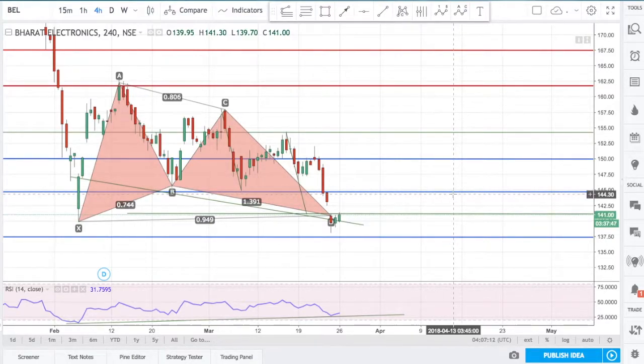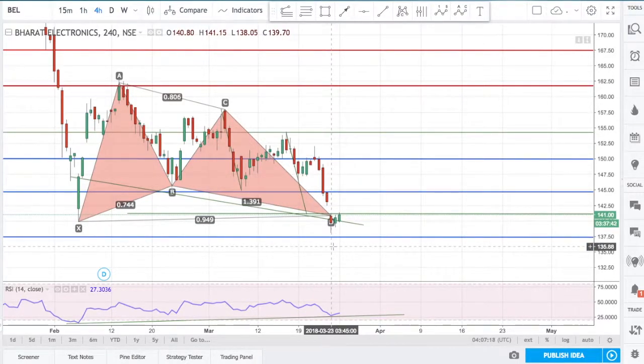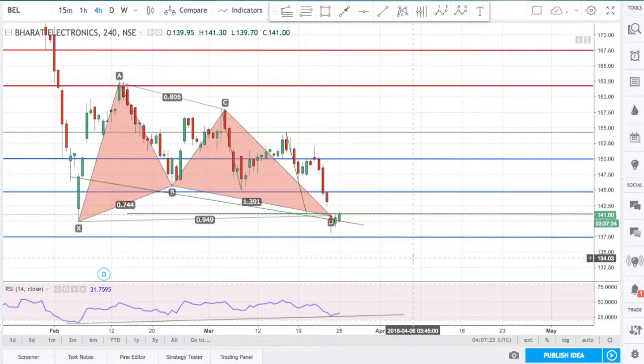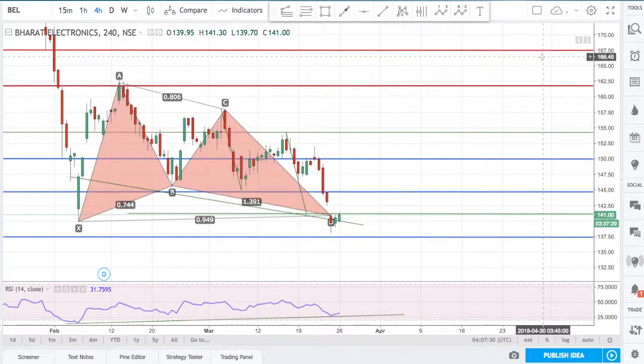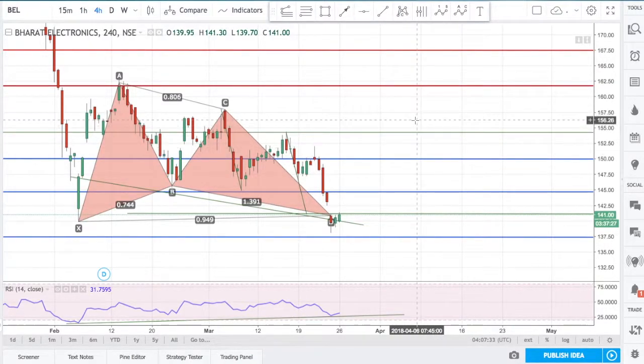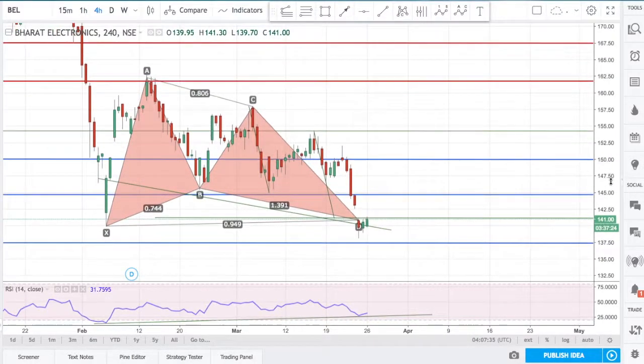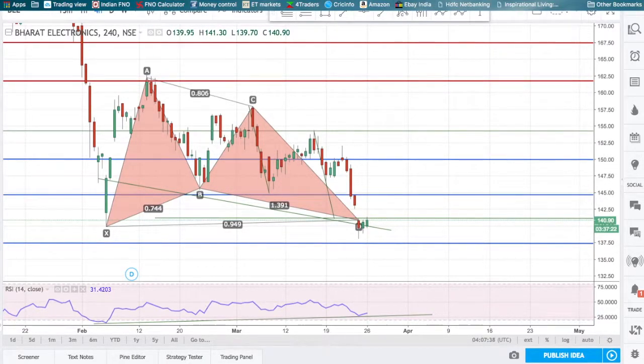That can't be regarded as a very good reference because it didn't pierce through, but still it almost tested the support level and bounced off it. So it's decent enough to be considered as an opportunity or a reference. So we now have our pattern in place and our references line up pretty decently with our assumption to go long on Bharat Electronics.